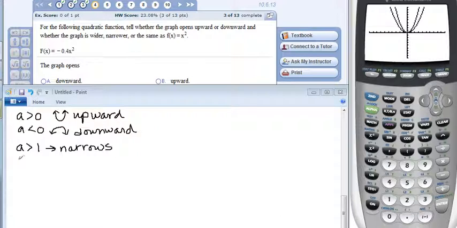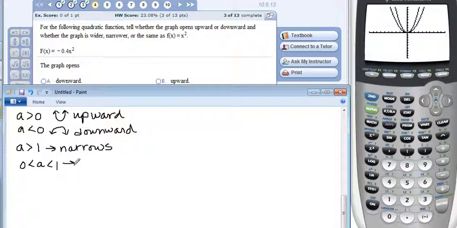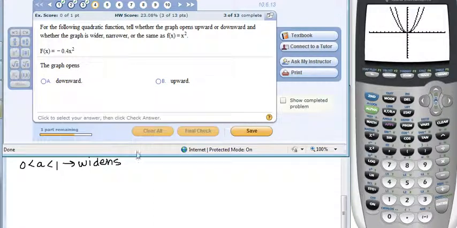So if A sits between 0 and 1, then it widens. Okay? And that's the absolute value because we're taking into consideration the negative up in here with the downward flip. All right? So there's your rules. So again, we don't even need the calculator to answer these questions. Well, we have to see our rules though, don't we?